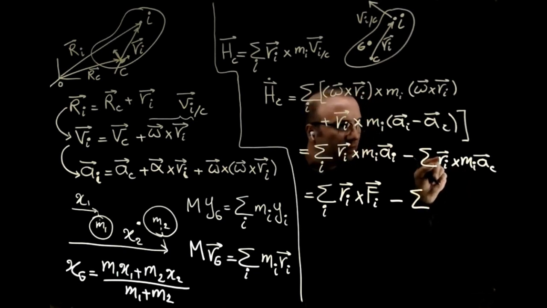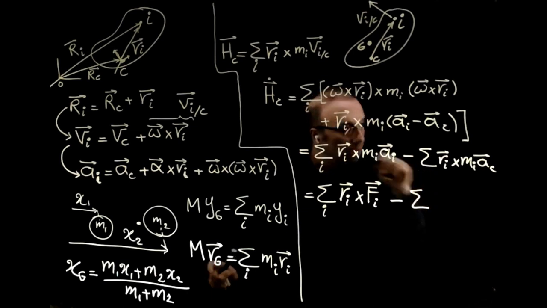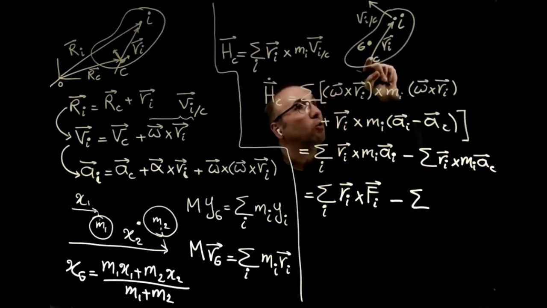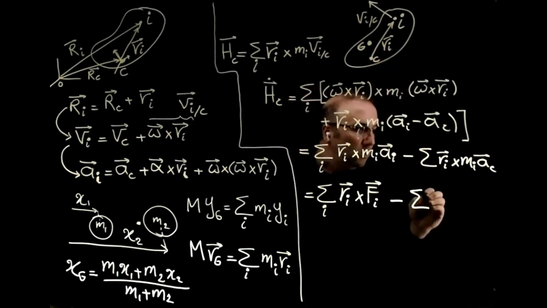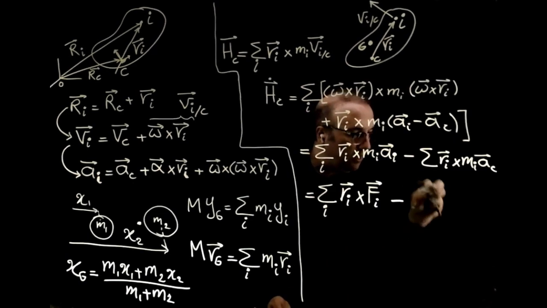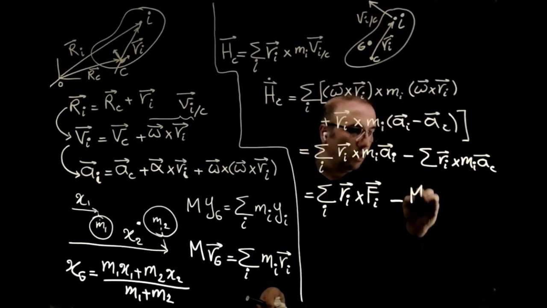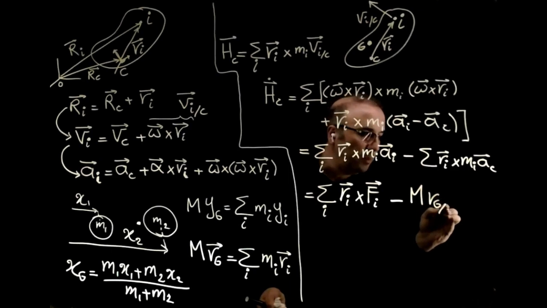I can bring this in front of that one, so it would be Mi Ri. Remember, the sum of Mi Ri would be M RG, and we put our origin this time at C. So let's call it RG with respect to C. So instead of the summation, I can write M RG with respect to C cross AC.